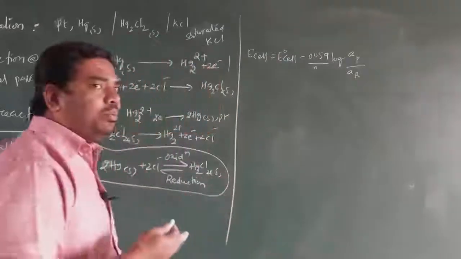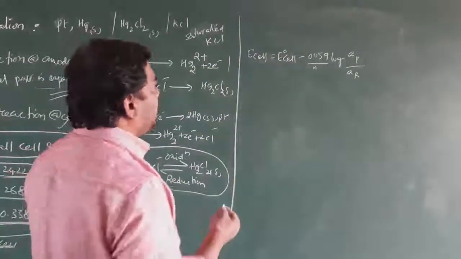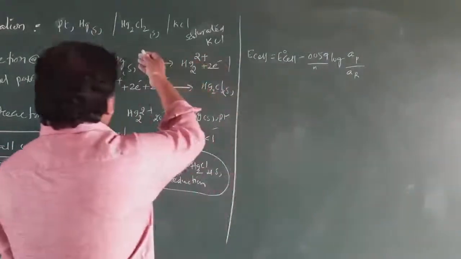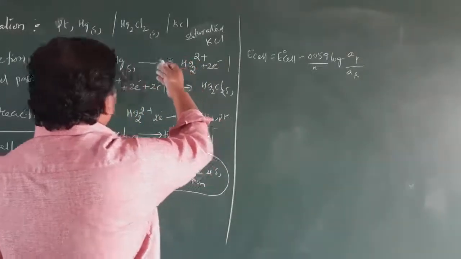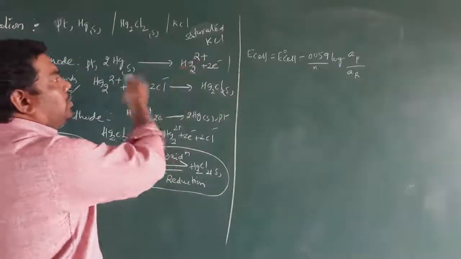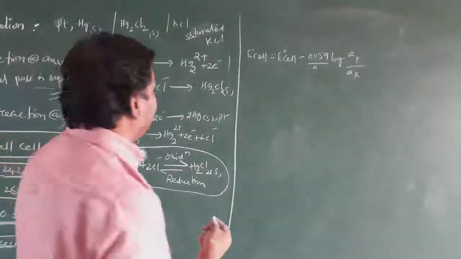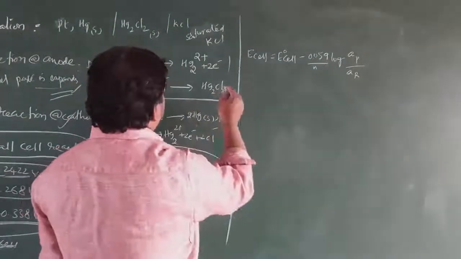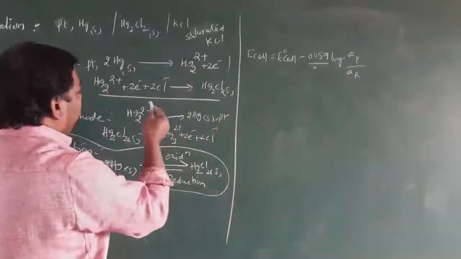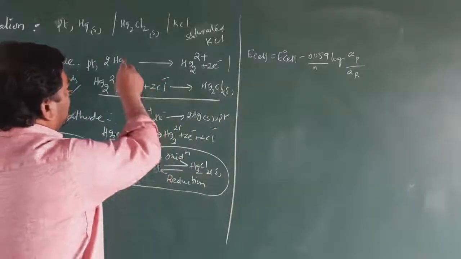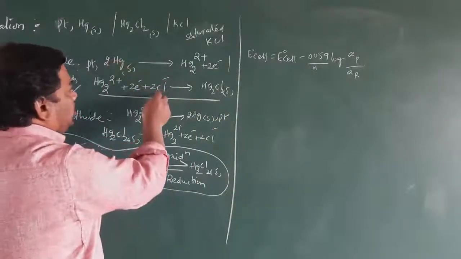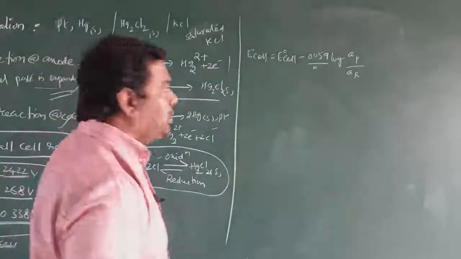Activity of products divided by activity of reactants. Right, here look at the student. First we will apply the oxidation reaction, then we will apply the reduction reaction. So in the oxidation reaction, Hg plus 2Cl minus gives rise to Hg2Cl2.